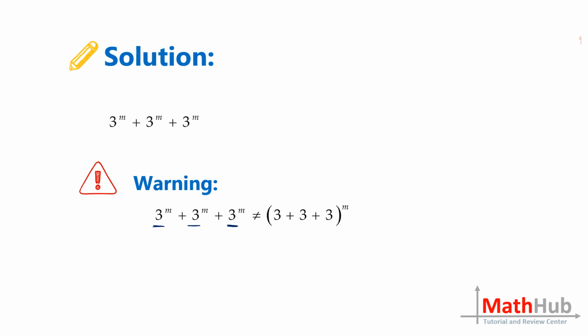So remember that those are not equal. In general, if you have addition or subtraction inside your parentheses, you cannot distribute your exponent. You can only distribute it if the operations inside are multiplication and division.